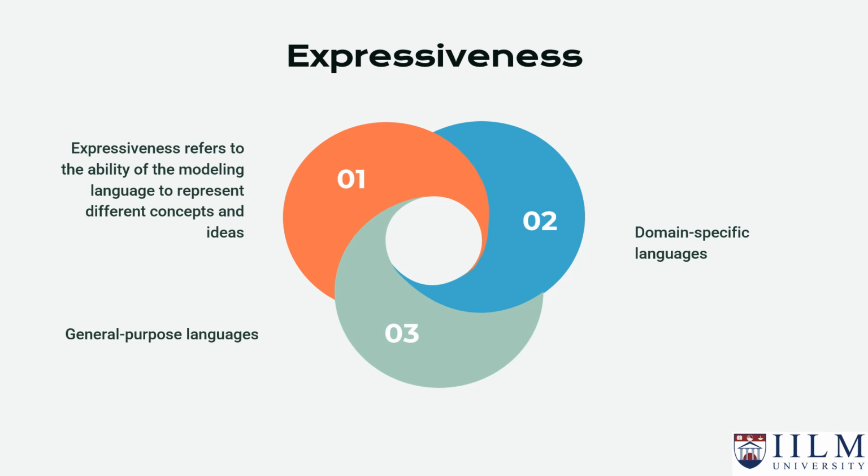So in the form of expressiveness, a language must be a domain specific language. If it is ML or DL, we can do it through MATLAB. If it is security, we can map it through Metasploit or Nmap or some other simulation, by which we can get different outputs for a different domain.